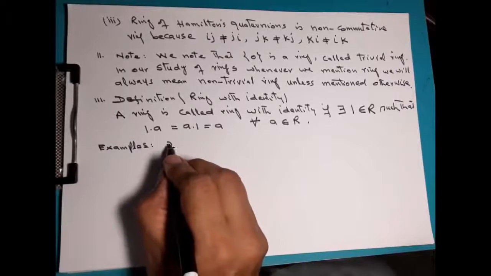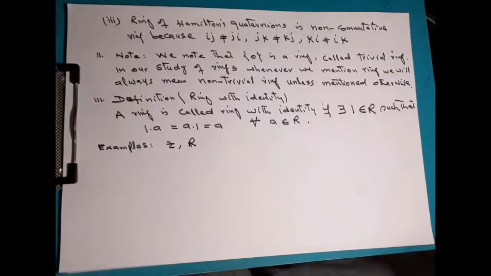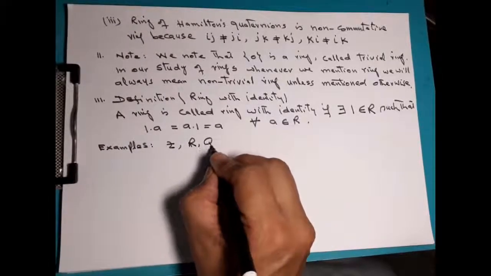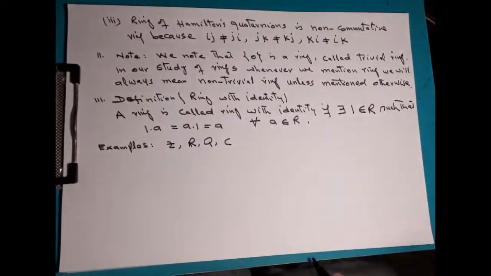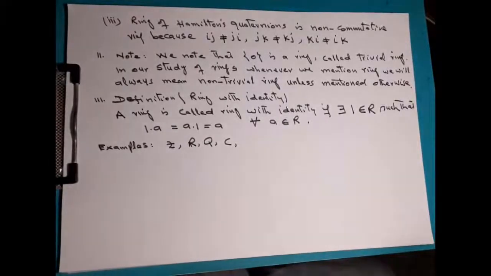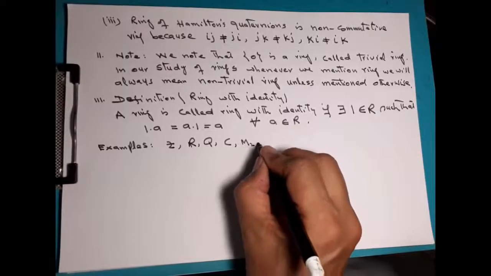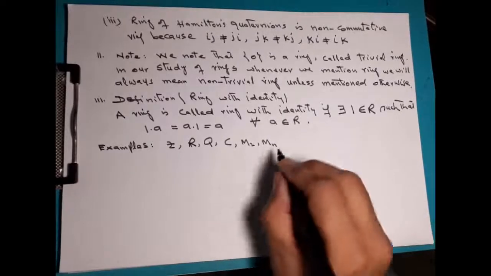Z, the ring of integers, or the ring of real numbers, R. Q, the ring of rational numbers. C, the ring of complex numbers. All these rings are rings with identity. And similarly, our ring M2, we have discussed before. Mn, we have discussed before.